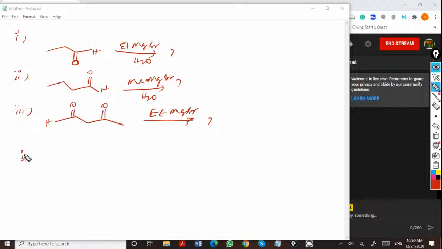Next, what are the starting materials to make this? So these are the four questions that you need to work out. Take a screenshot, and we'll go on to see other nucleophilic addition reactions.